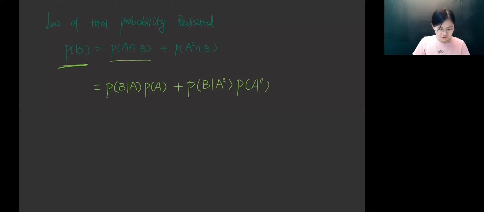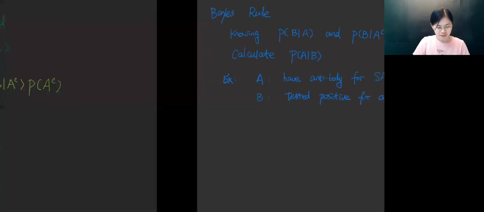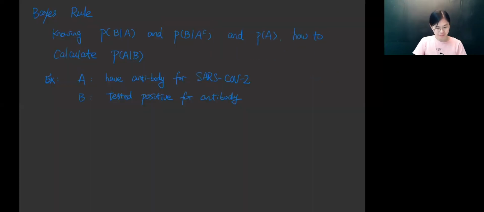And using this other way of writing the law of total probability, we can write down the Bayes rule, the famous Bayes rule. What is the Bayes rule doing? The Bayes rule handles the situation where you know the probability of an event B given each of a partition of the sample space. Now here in this example, we're considering A and A complement.